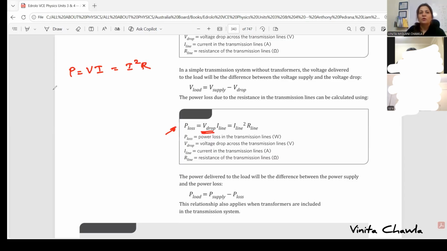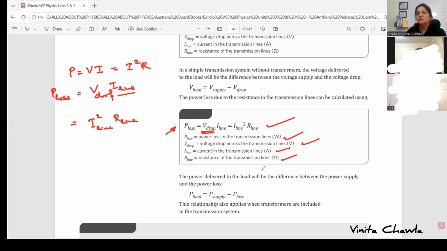The current flowing through the lines is I line, so we write I line squared, and the resistance of the line is R line. And we know that power is measured in watt, voltage in volt, current in ampere, and resistance in ohm. These are the units that we use.